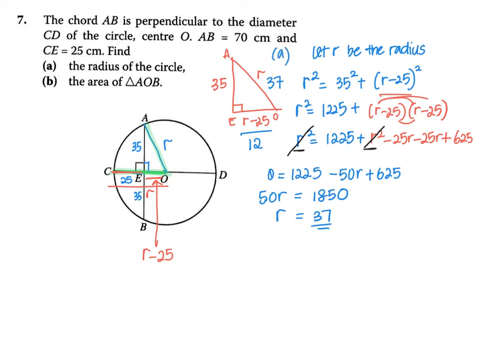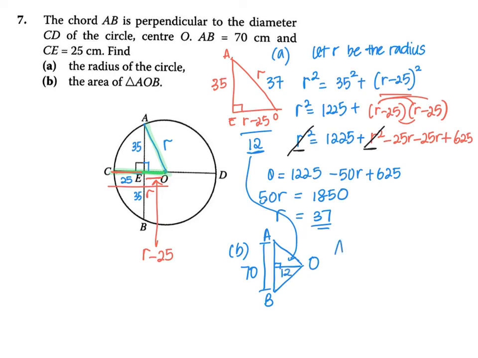Now let's find part B. Calculate the area of triangle OAB. OAB has a base length of 70 cm and a height of OE, 12 cm.